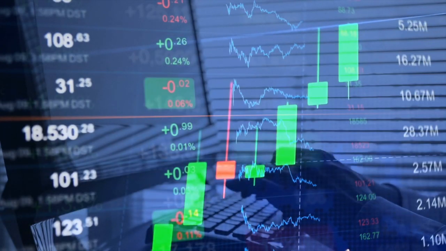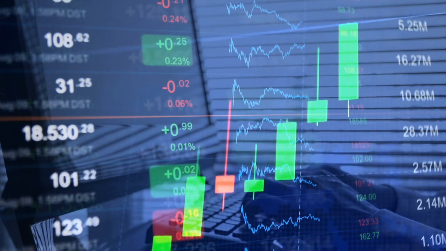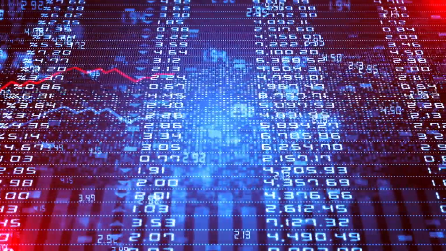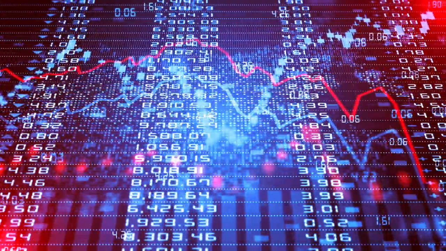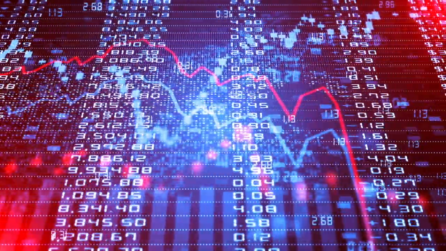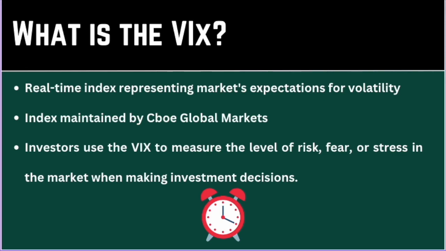Volatility measures the frequency and magnitude of price movements, both up and down, that a financial instrument experiences over a certain period of time. So this comes from the S&P 500 calls and puts or index options over a range of short-term dates. The VIX usually rises when the stock market falls, and then the VIX will fall when stocks rise. So this is an inverse relationship.